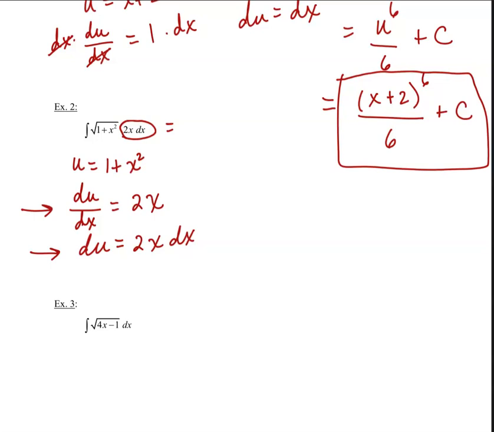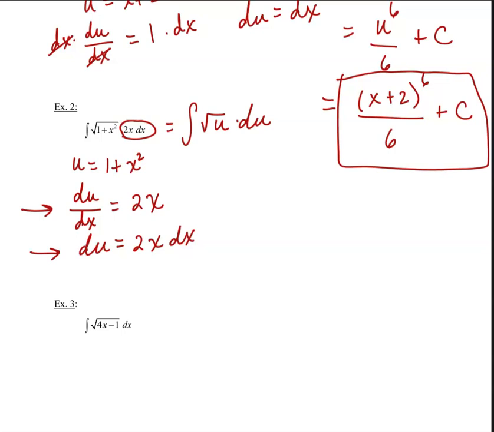So my integrand becomes the integral of the square root of u, and in place of 2x dx, I'm just going to put du. Then we're going to integrate it like normal. The idea is to make this into something easier to integrate, something we can work with. So this becomes just a straight power rule problem.